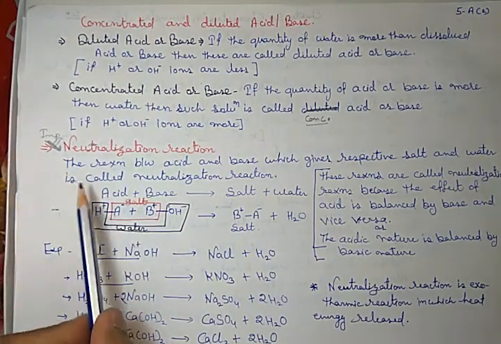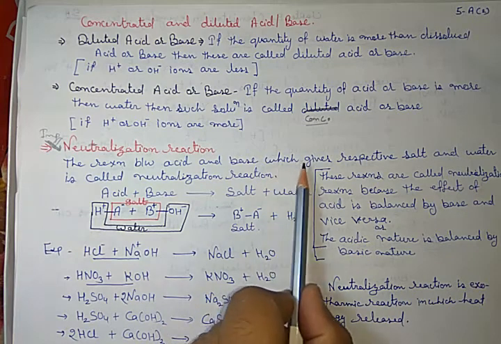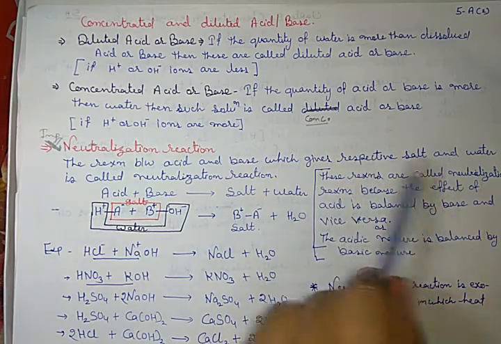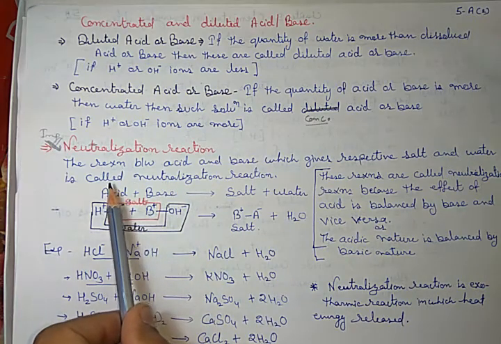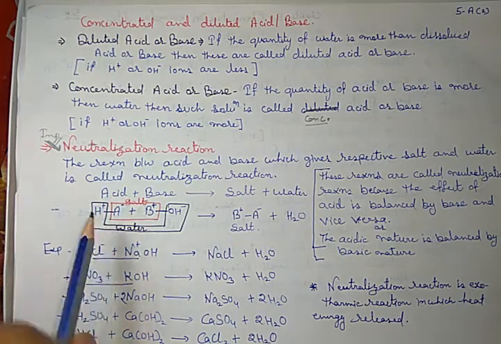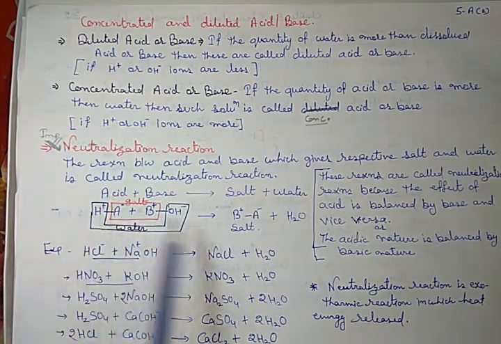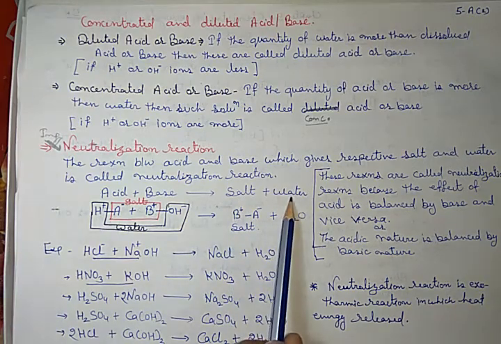The reactions between acid and base which give respective salt and water are called neutralization reactions. In these reactions, acid and base react with each other and give the respective salt and water.